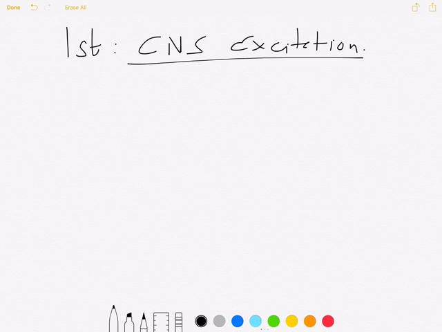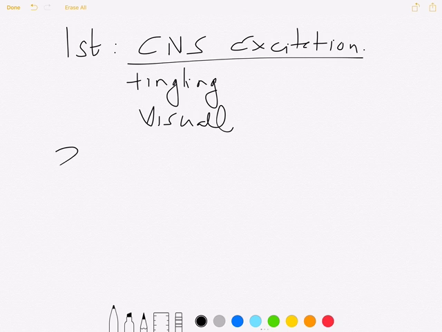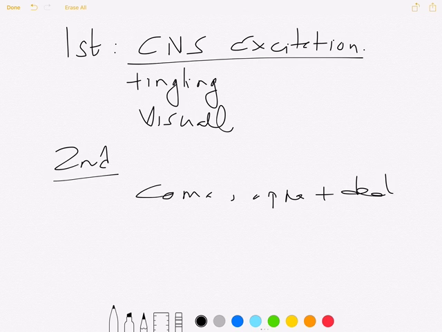So CNS excitation: tingling, visual disturbances. But subsequently you have depression, which can lead to coma, apnea, and death. Okay, those are the two main things in the central nervous system with local anesthetics.